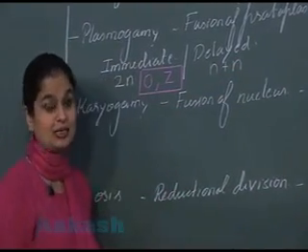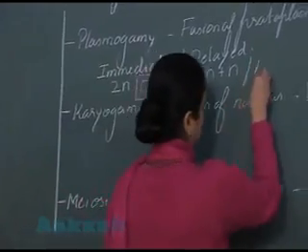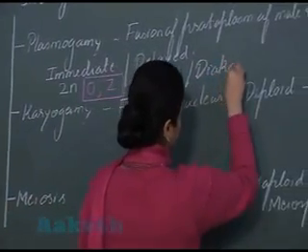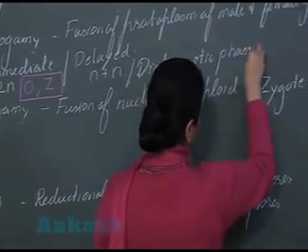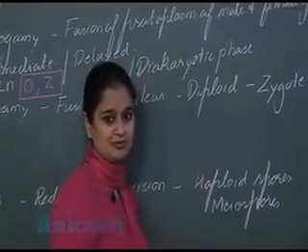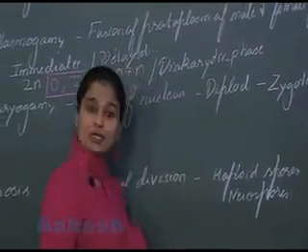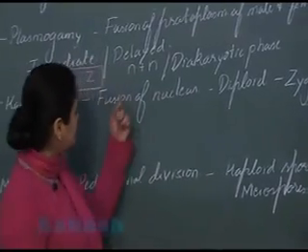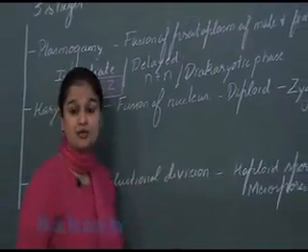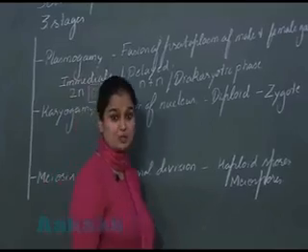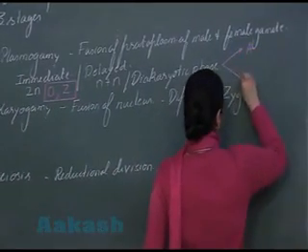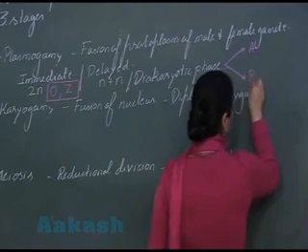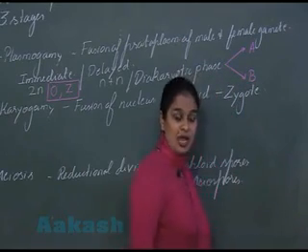This phase is known as dikaryotic phase or dikaryophase. तो अगर karyogamy delayed हुई तो there is formation of dikaryophase. This dikaryophase is formed both in ascomycetes as well as in basidiomycetes.